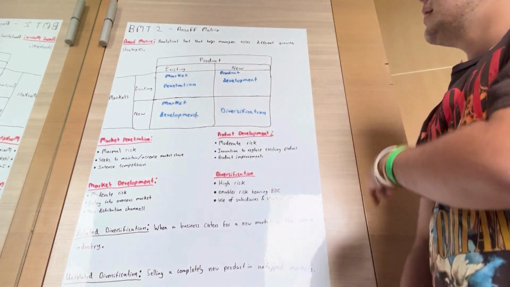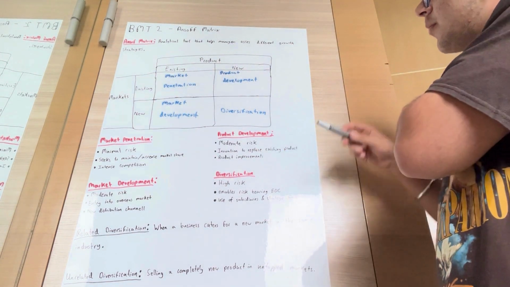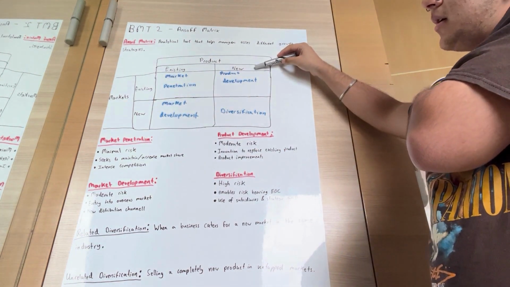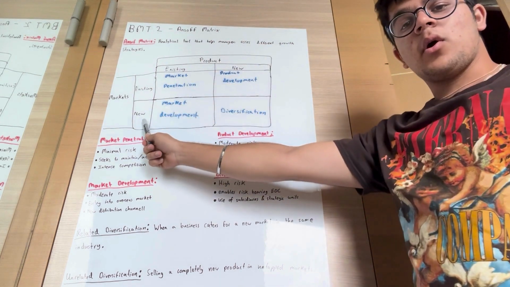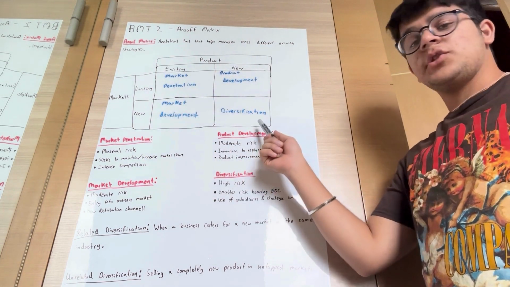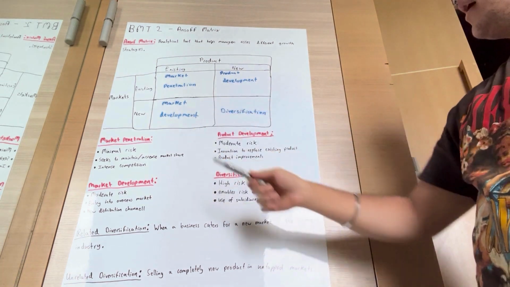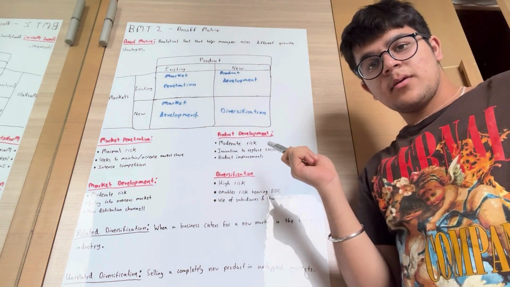So now, whenever you want to look into growing your business with a new product and a completely new market, that is what you call diversification. Now, diversification, out of all of them, has very high risk.